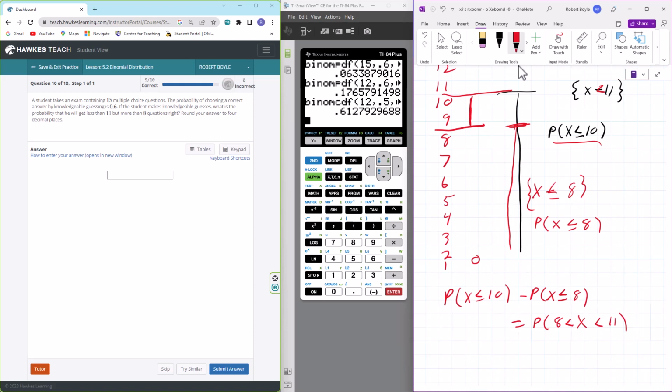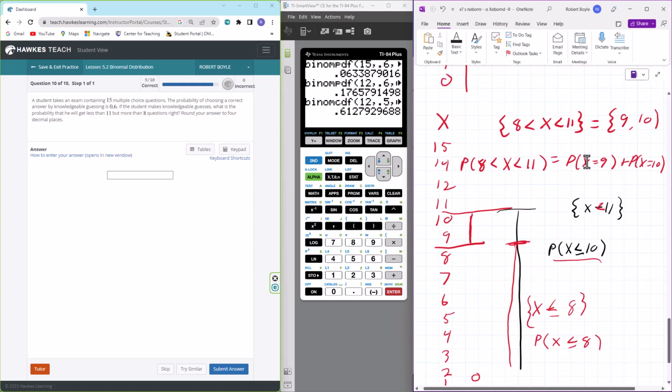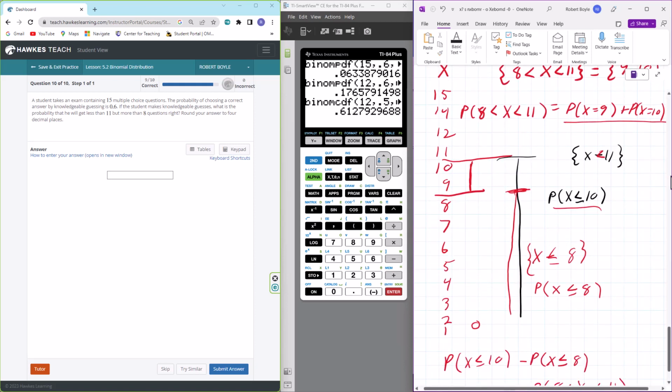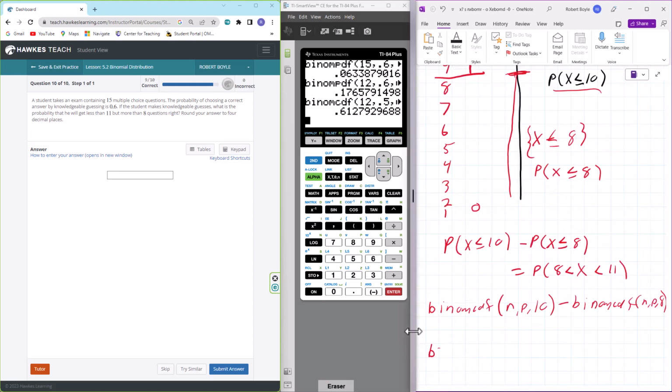Okay, so basically we can compute this using binomial CDF(15, 0.6, 10) minus binomial CDF(15, 0.6, 8). Or we could compute this using this right here. Let me go ahead and rewrite that.